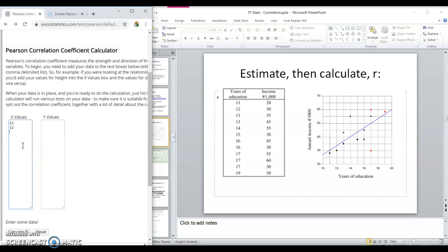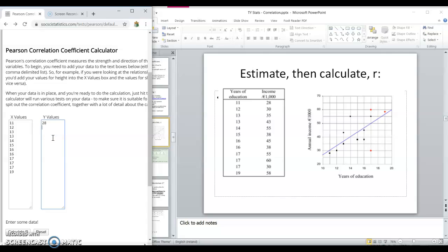So 11, 12, 13, 13, 14, 15, 16, 16, 17, 17, 17, 19.